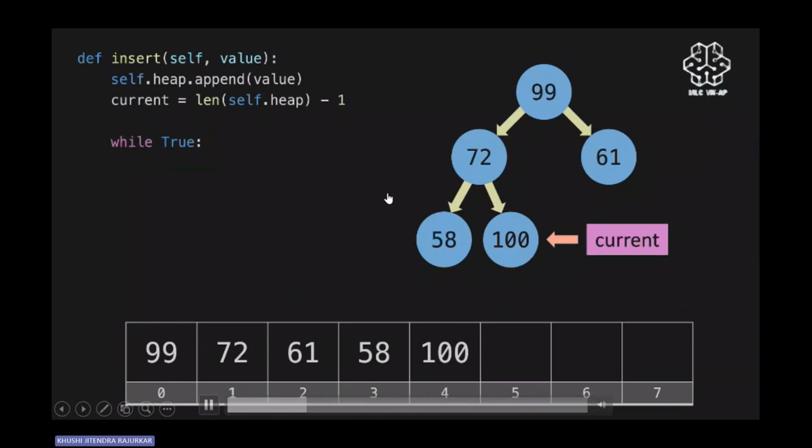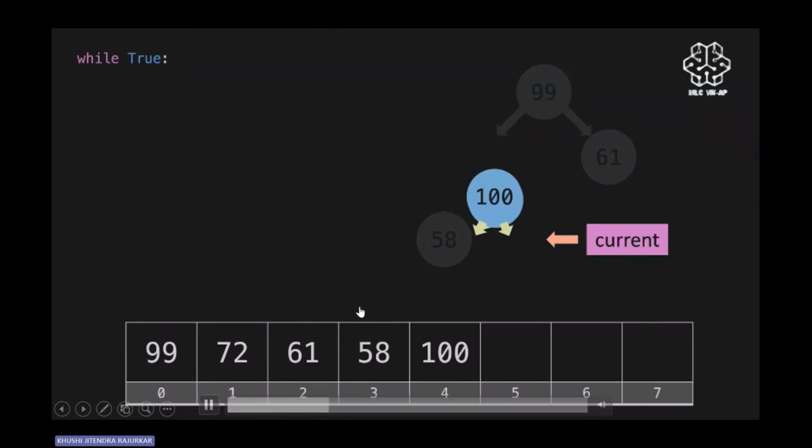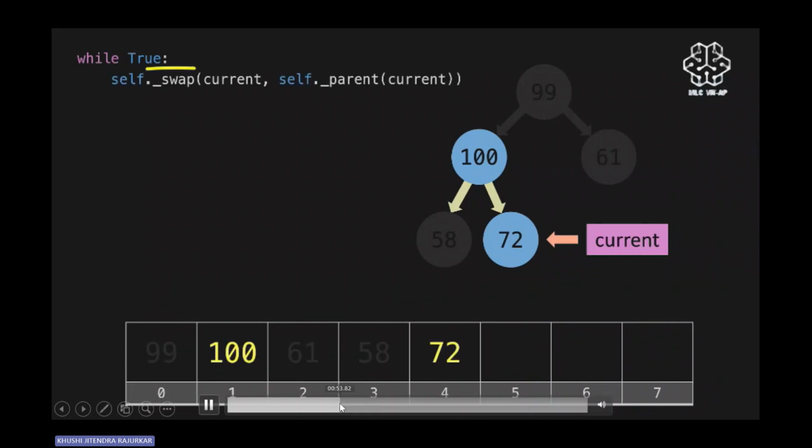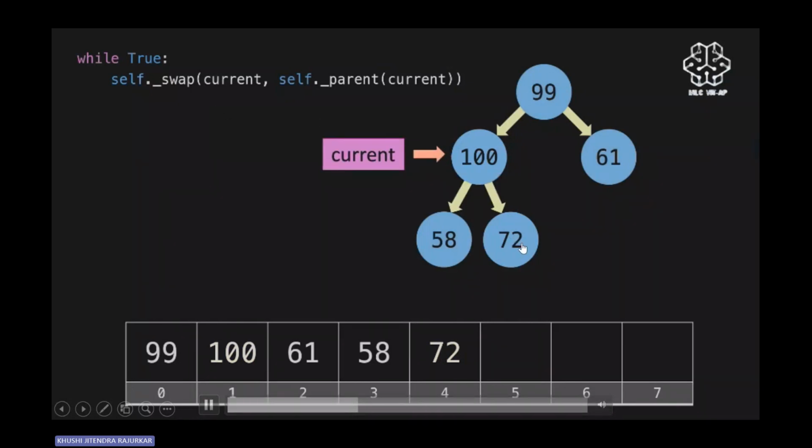So we shall be running a while loop here and we shall be changing the while condition here. We shall see what that condition would be soon. So first of all, we shall have to define our left child and right child. And we shall be carrying out our swap operation on this current node and its parent, as you can see here.